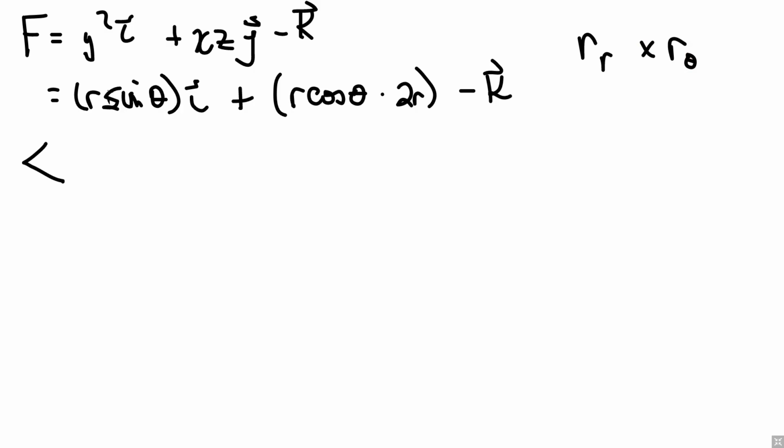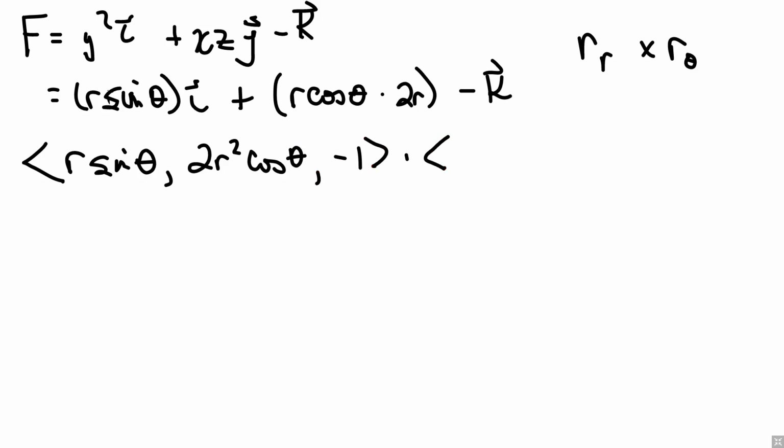So we're going to have r sine theta, comma, 2r squared cosine theta, comma, negative 1, and we're going to dot that with 2r cosine theta, 2r sine theta, and negative r. So we're going to do the dot product of those two.